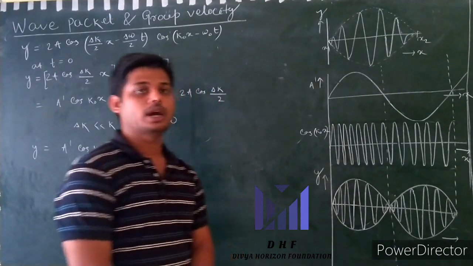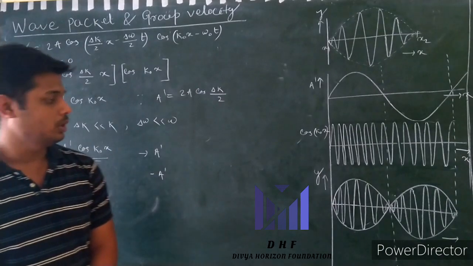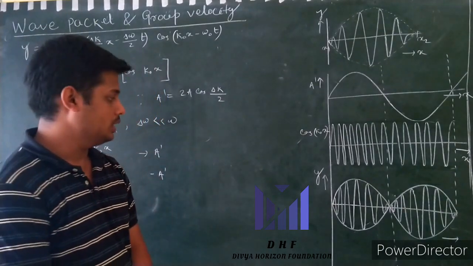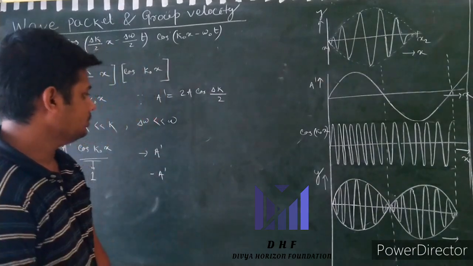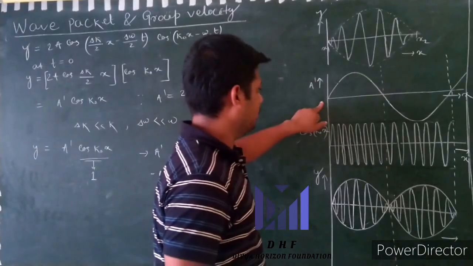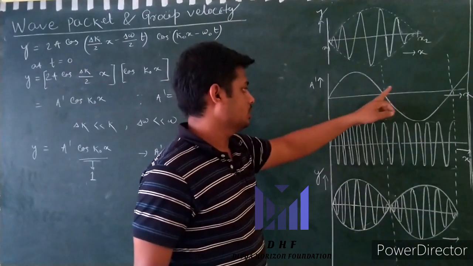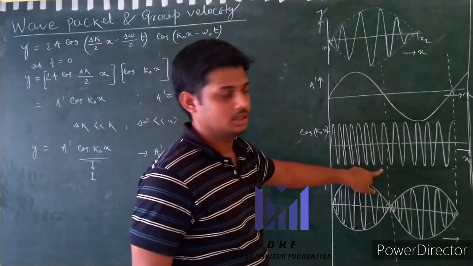And now we have to determine how the wave packet looks, or how much distance the wave packet will travel after a time del t. Here we can see that this waveform is changing less rapidly than this waveform is.